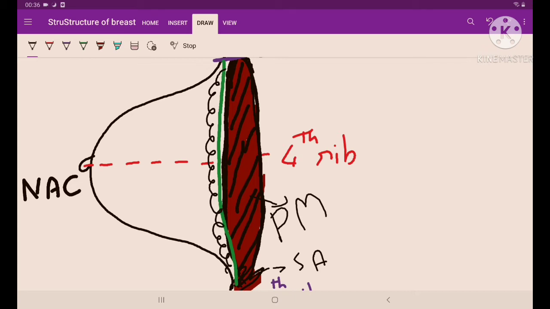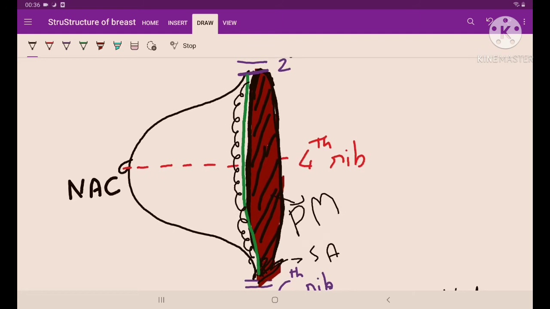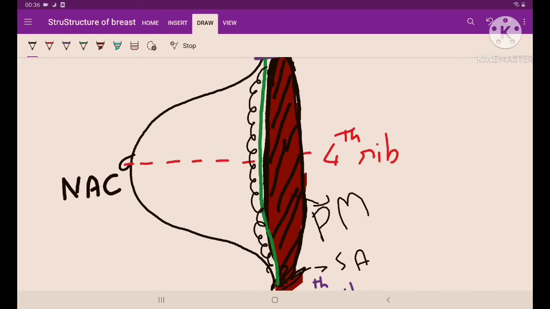This is called the retromammary space. In the retromammary space there is just loose connective tissue. There is no significant structure. So that is why the breast can move freely in all directions, because of the retromammary space. This is where the mammary gland substance will be. We'll be discussing that in detail.